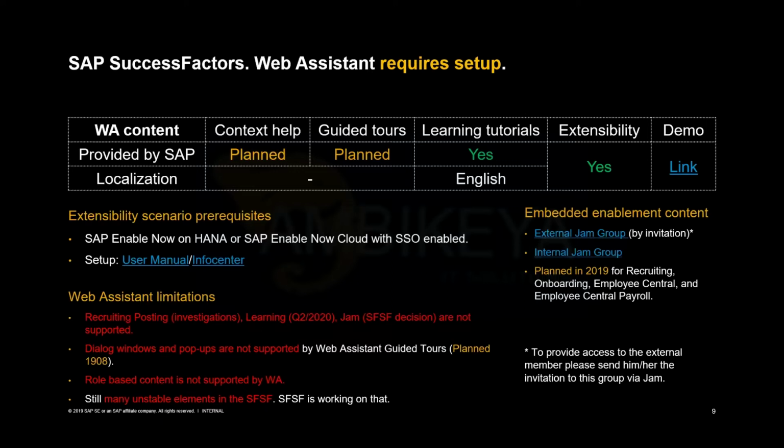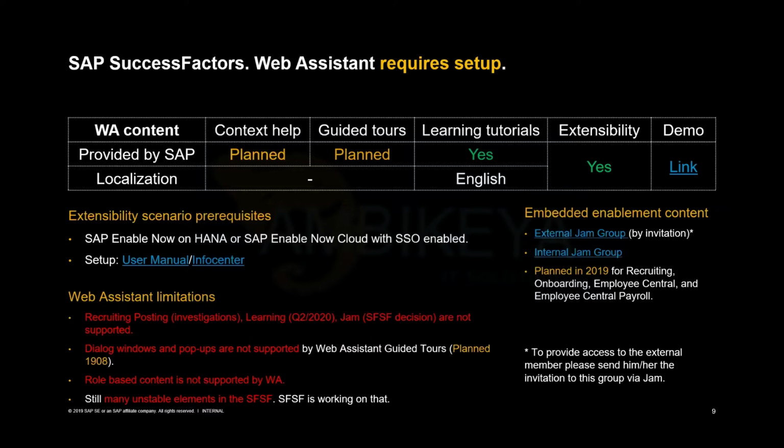Now in SuccessFactors, one of the major frustrations has been that many of the users of SuccessFactors are not part of a company's Active Directory, or they're not part of that company's network.